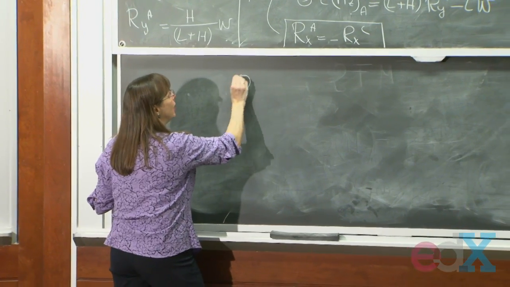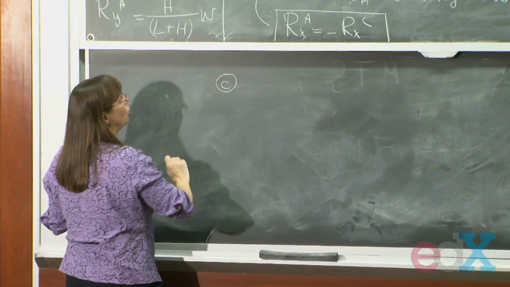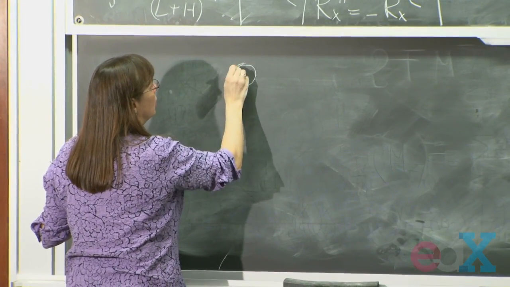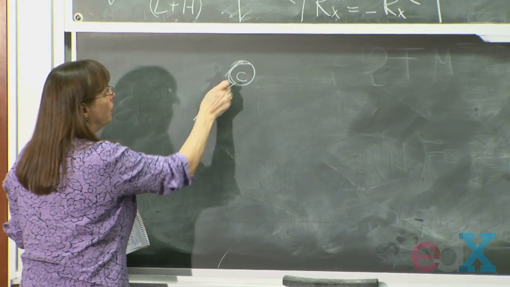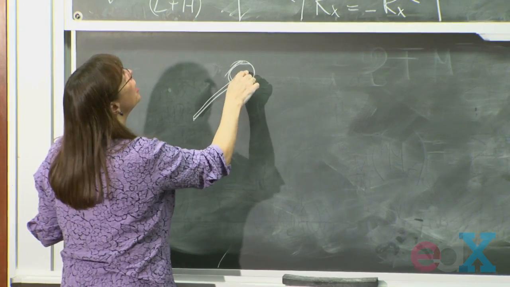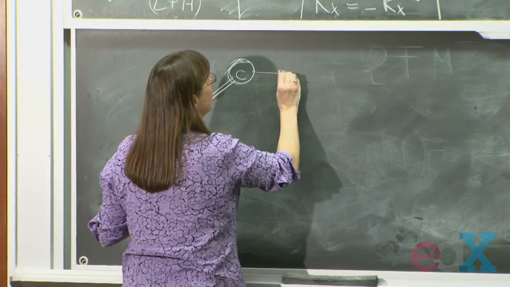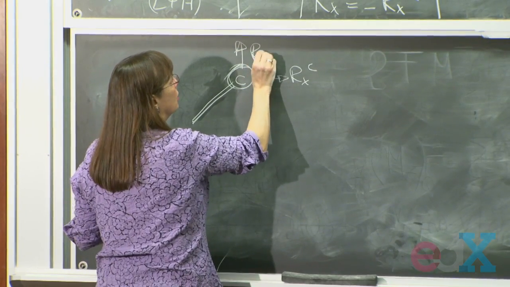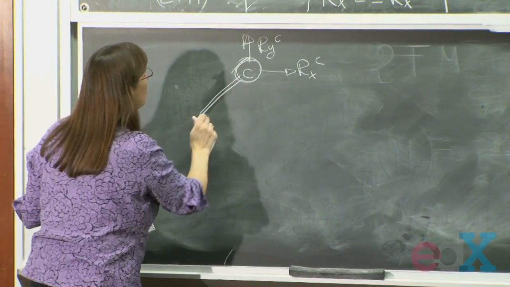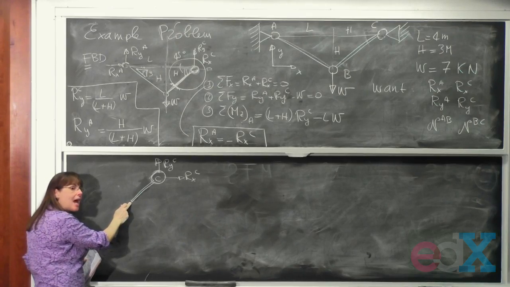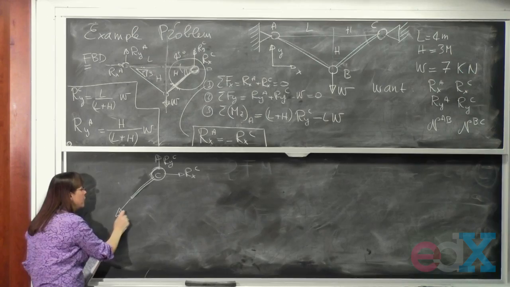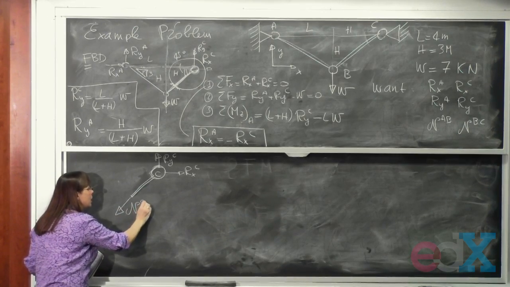Okay, so let's take that thing. So this is my pin at C, so let's call it pin C. This is the bar. Let me just make a line for the bar. And I know that at pin C I have Rxc and I have Ryc. And I know that inside this bar, the only thing that can be there is an axial force, NBC.